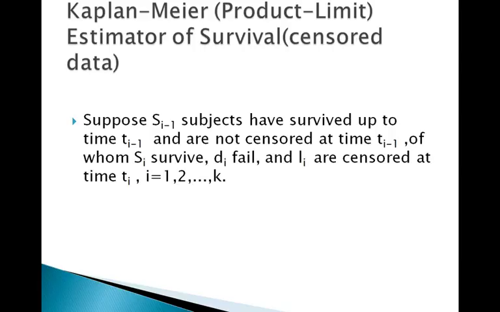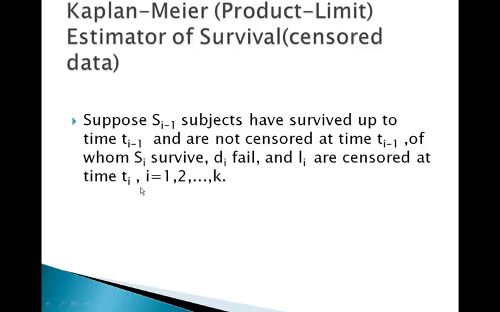Suppose that we want to look at the Kaplan-Meier, and note this too, some people will refer to this also as the product limit. It's an estimator of survival for censored data. The notation we need to pay attention to here is: S sub i minus 1 subjects have survived up to T sub i minus 1 and are not censored at T sub i minus 1, of whom S sub i survive, D sub i fail, and I sub i are censored at T sub i.